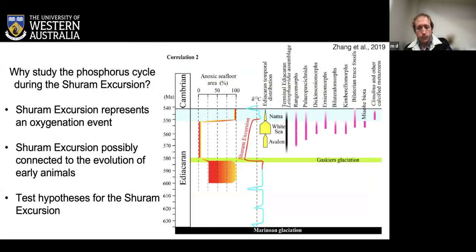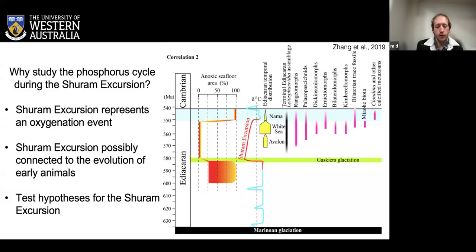So aside from it being a really interesting and big excursion, there are a few other key points that make this Shuram excursion really interesting in terms of being studied for its phosphorus cycle and other factors. The Shuram excursion is believed to represent an oxygenation event, contested by some, but this is one idea.